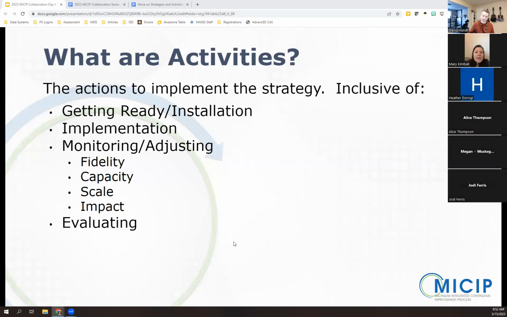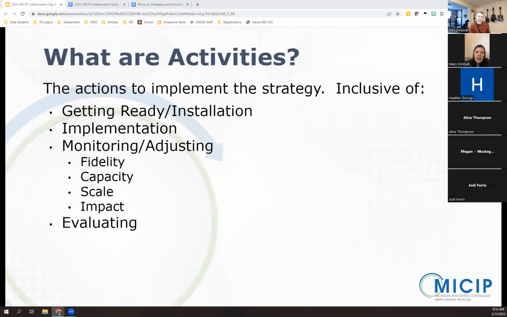This is kind of my high school teacher brain. Strategy is what we're going to do, and the activity is how we're going to do it, including who's going to do it, who's going to receive whatever's being done, right? Like the staff is going to take the survey, but wait, back up, who's going to actually prepare the survey, who's going to send the survey to staff.